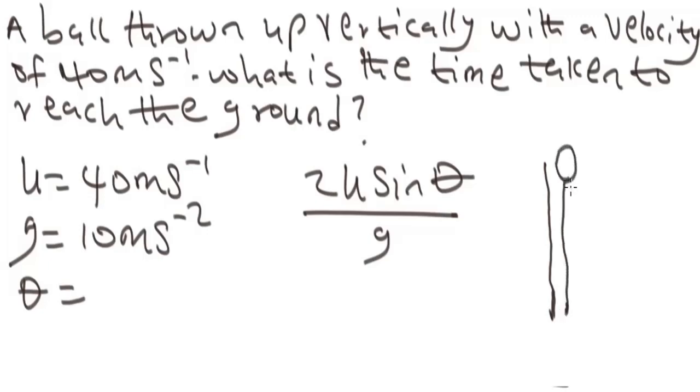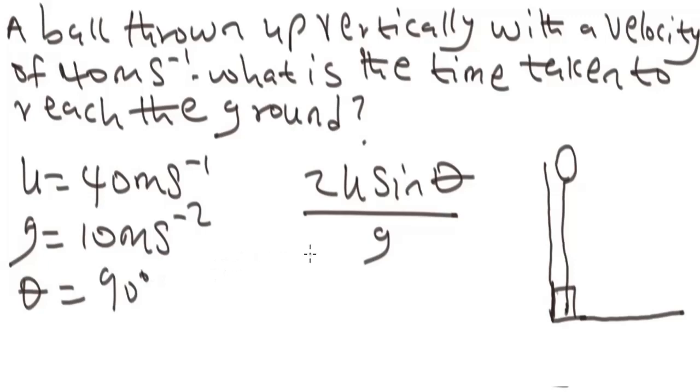As the ball is going up, the individual standing beside this wall is standing on the ground, and you can see that you have already formed an angle of 90 degrees as you threw the ball up vertically. So our theta will be 90 degrees.